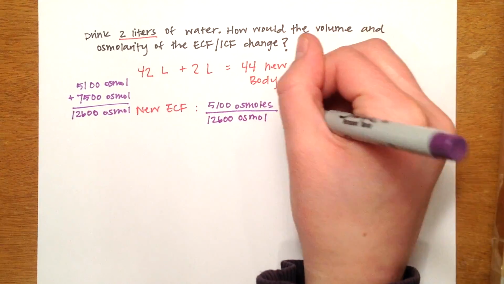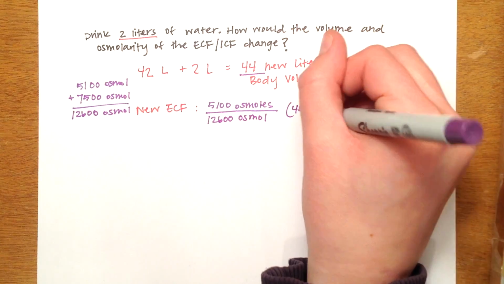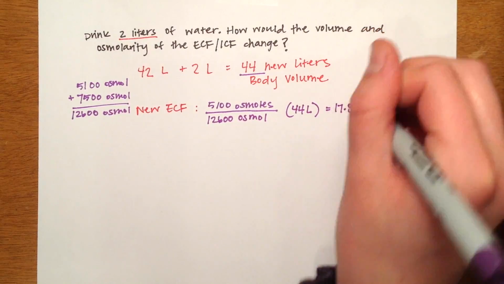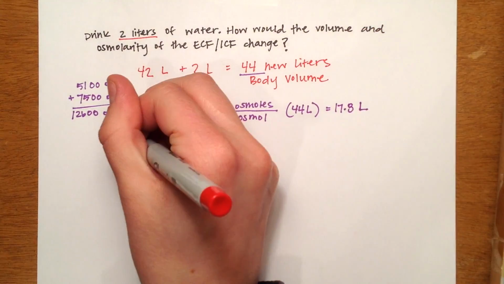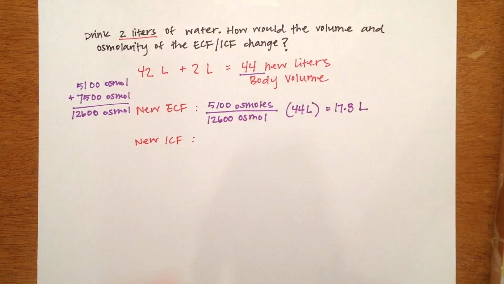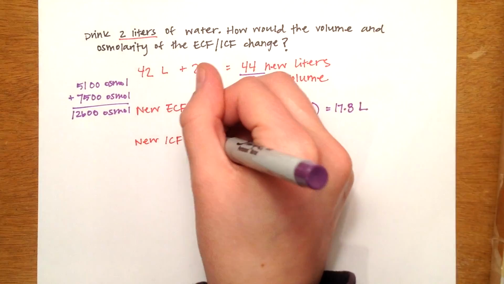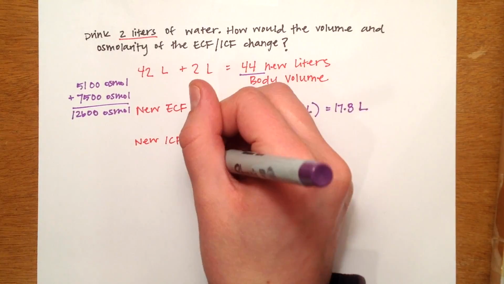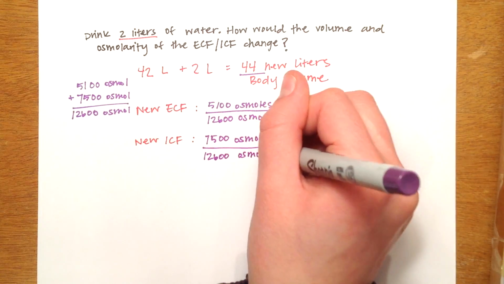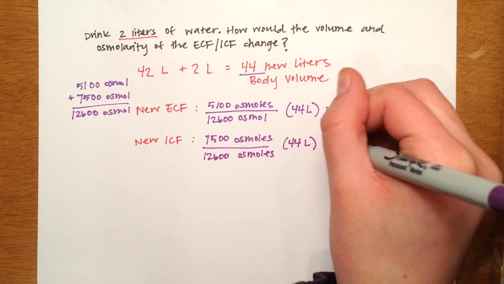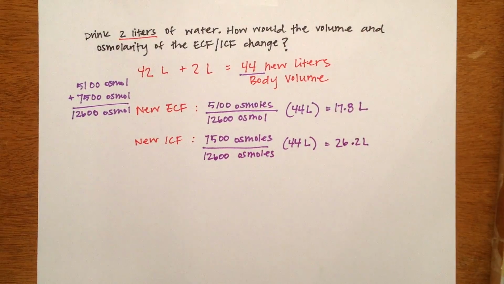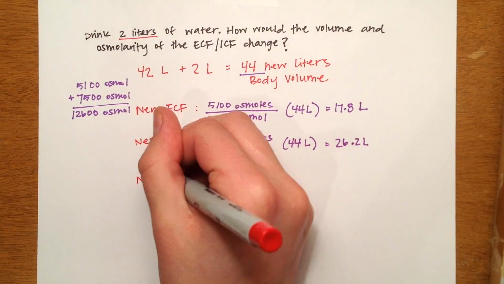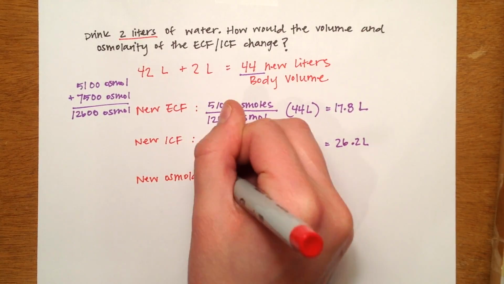And then we'll multiply it by the total 44 liters of body fluid, and then we'll get 17.8 liters of ECF for the new volume. The ICF volume will be the original 7,500 osmoles divided by the 12,600 total osmoles, and multiply that by the total 44 liters to get 26.2 liters.